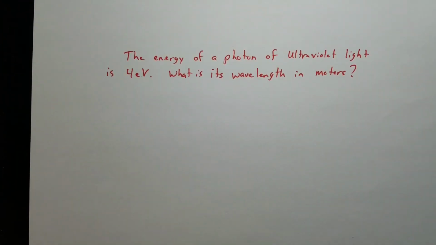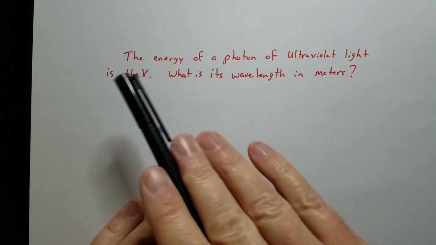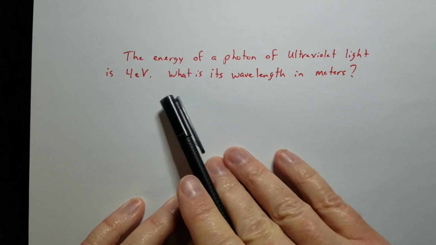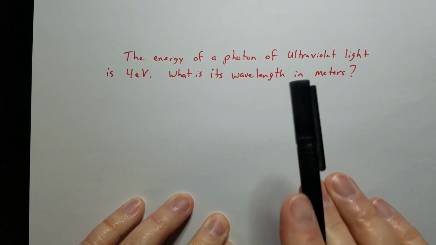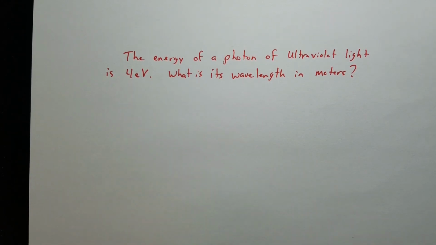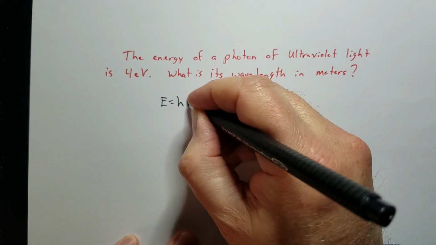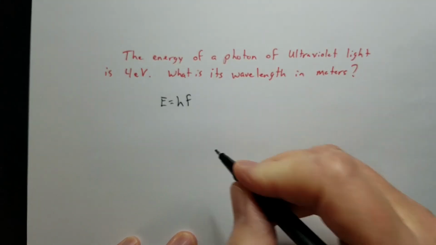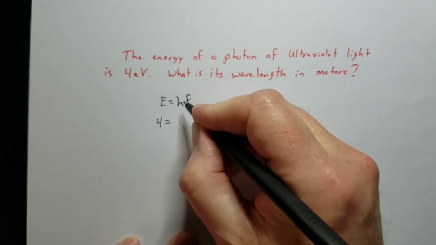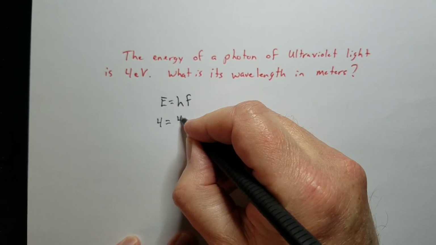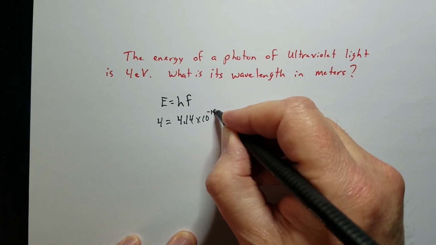Let's do one more example. This time I've got some ultraviolet light that has an energy of 4 electron volts. And I want to know the wavelength of that ultraviolet light. Well, since I know the energy, I want to start off with that. Energy equals hf. Okay, and I've got my energy in electron volts. So I'll use the electron volt version of Planck's constant. So it's 4.14 times 10 to the minus 15.